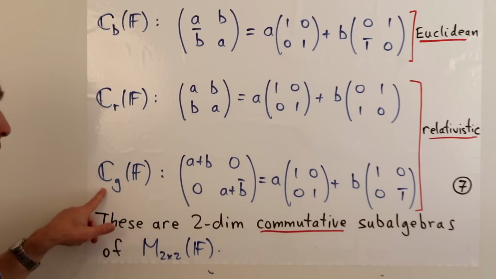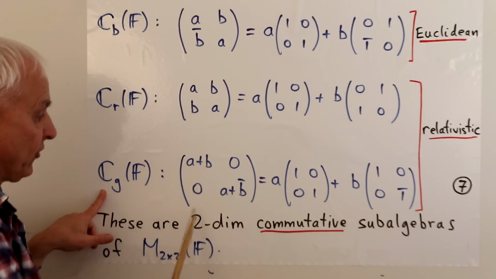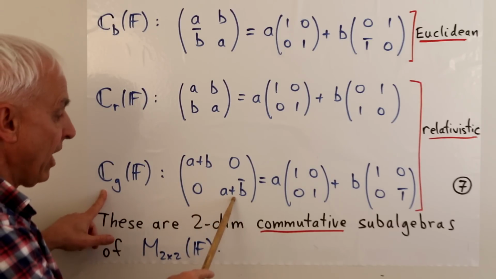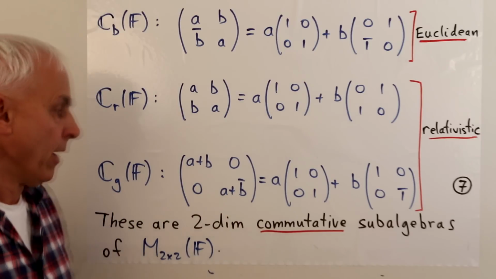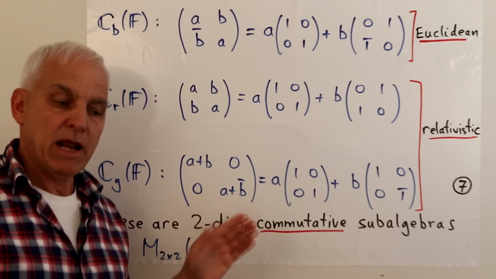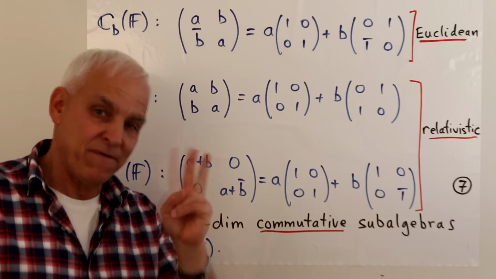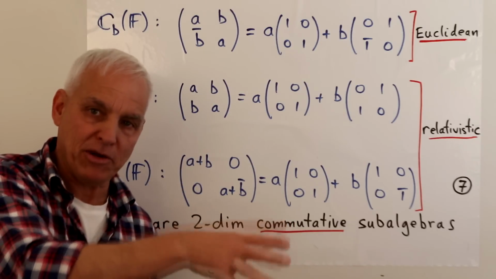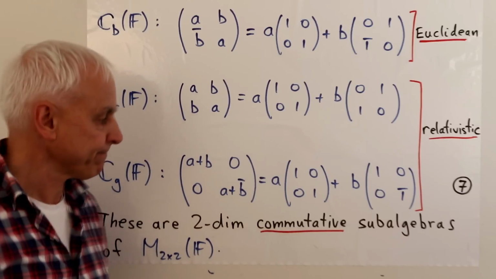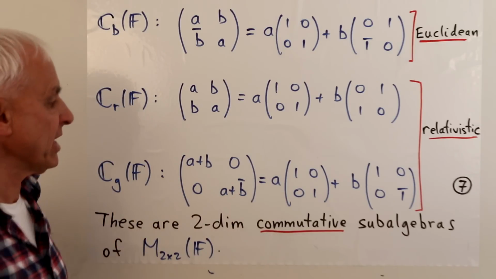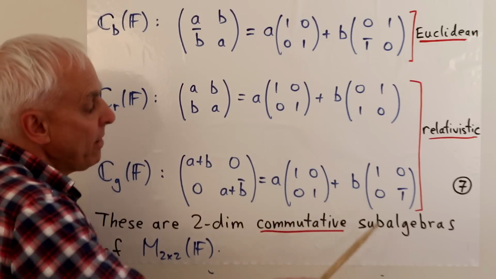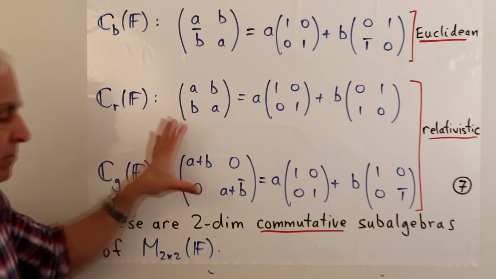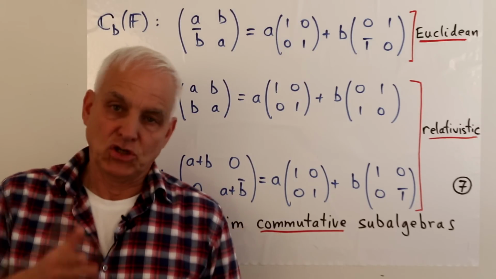And the green ones are just diagonal matrices of the form A plus B, 0, 0, A plus minus B. We could rewrite this as A minus B, but I prefer to stick with our fundamental operations, which are addition and multiplication. Those are the ones that are encoded on our computer, right? We can just look them up. And this can be rewritten as A times the identity plus B times this matrix 1, 0, 0, minus 1.